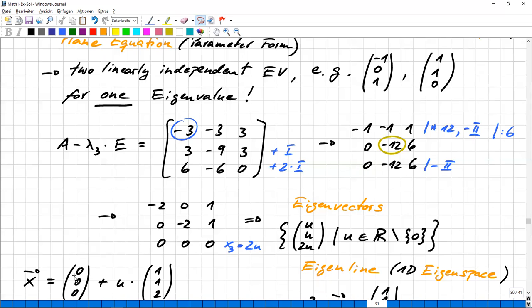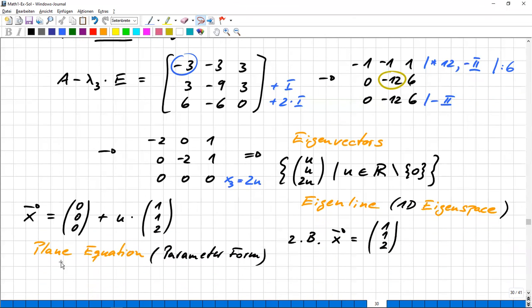Also, this is for your information to see that this is exactly an eigenline, that this is the equation of a line in parameter form. Oh, I said plane equation. No, sorry, there are some mistakes inside the solution. It should read line equation at this place. Yeah, so that's an example eigenvector.